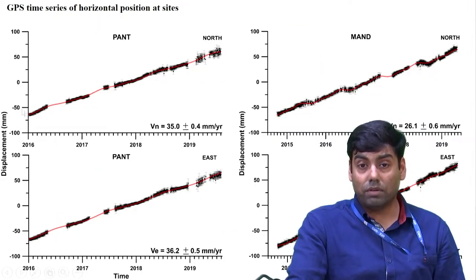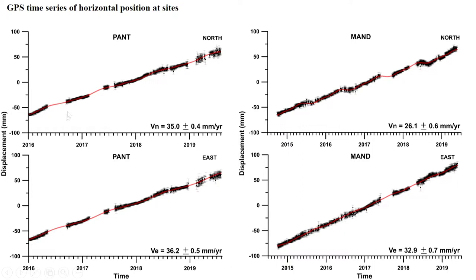And this is the continuous information. This is the Pantnagar station, this is the Mandal station. You can see the data is not available due to some technical problem. You can see the continuous displacement, how the site is behaving due to the convergence, and how the displacement is going on at a particular site.